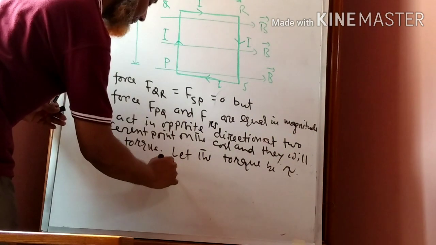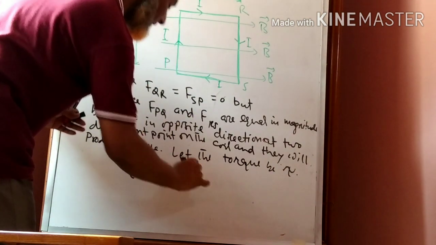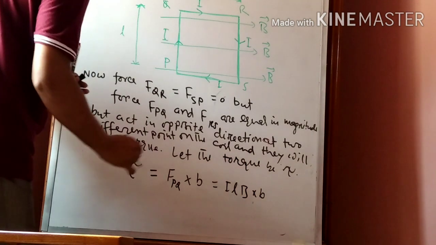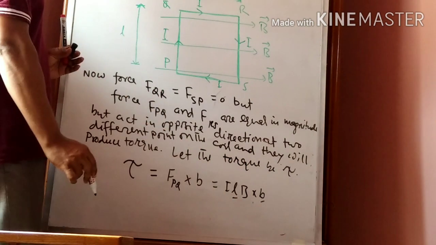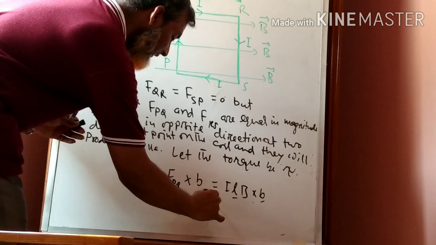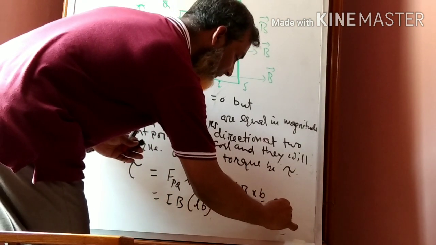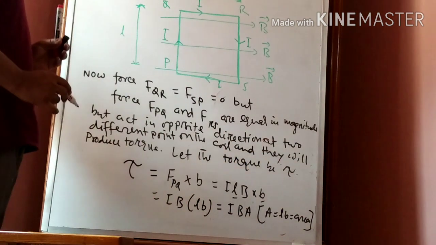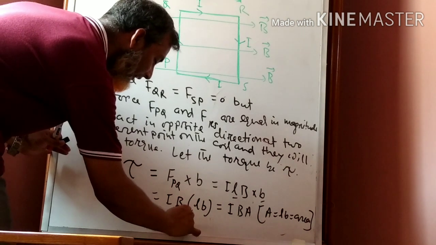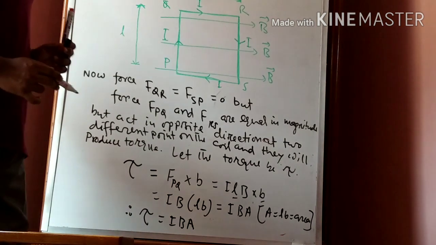We consider the force F_PQ or F_RS, and the perpendicular distance is B. F_PQ is I L B, into B. So L and B give A, the area of the coil, where A is L times B. So finally we get torque tau equals I B A. This is for a single turn of the coil.